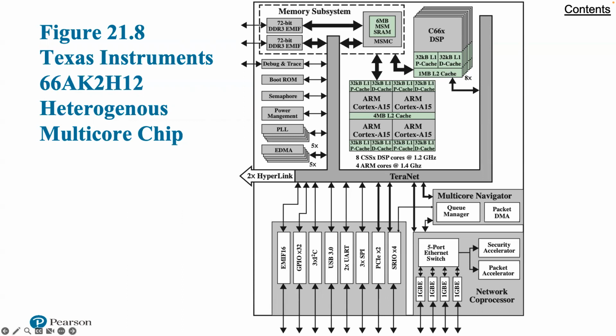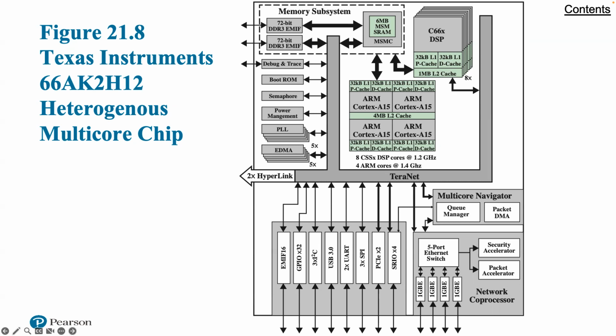DSP cores are widely used in a myriad of devices, including cell phones, sound cards, fax machines, modems, hard disks, and digital TVs. As a good representative example, figure 21H shows a recent version of the Texas Instruments K2H SoC platform. This heterogeneous multi-core processor delivers power-efficient processing solutions for high-end imaging applications.